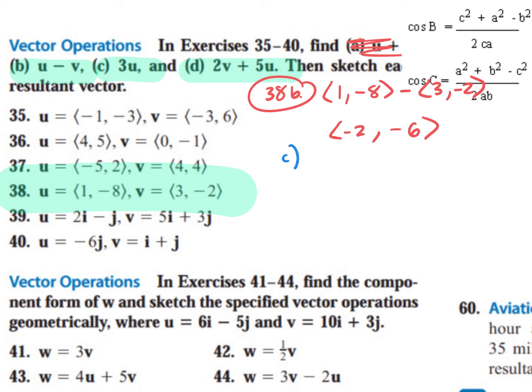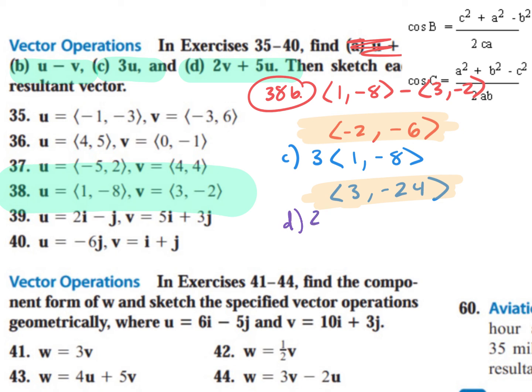For C, we're just multiplying U by 3, so it'll be 3 times 1 comma -8. So that would give us 3, -24. And then for D, we have to multiply by a scalar and add them.